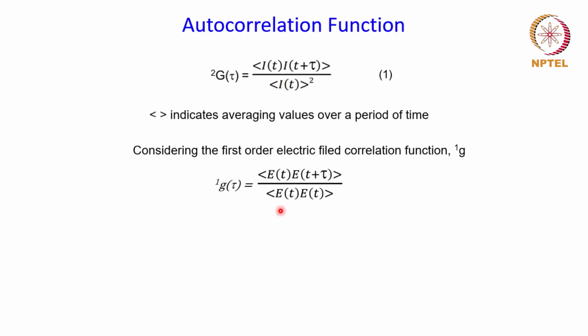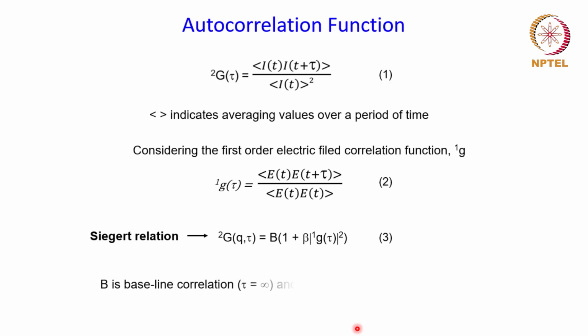In a similar manner, the first order correlation function for the electric field can also be defined. Now, using this first order correlation function, the second order correlation function can be written as this, wherein B is the baseline correlation, that means the correlation at time infinity, and beta is the correlation function amplitude at tau equals 0, that means beta is the intercept.